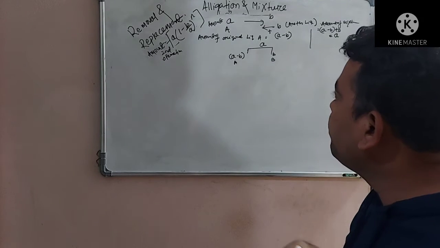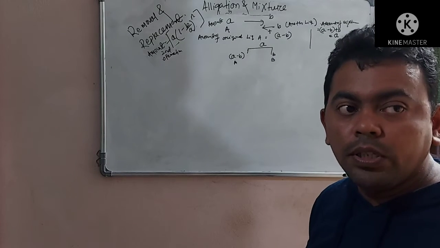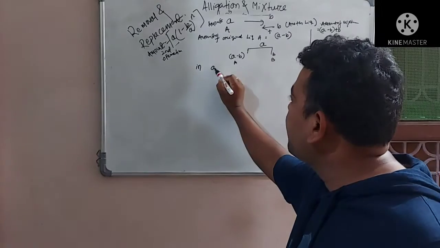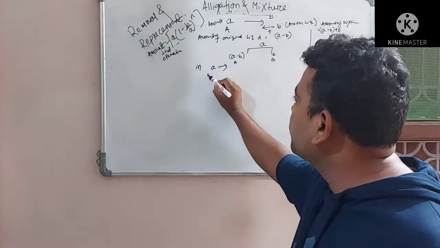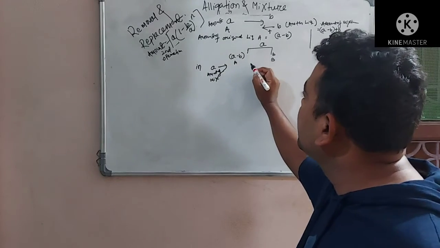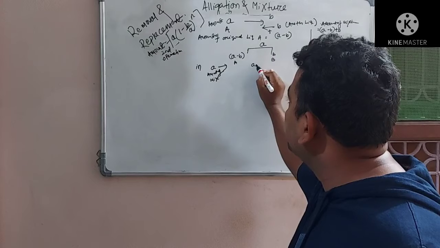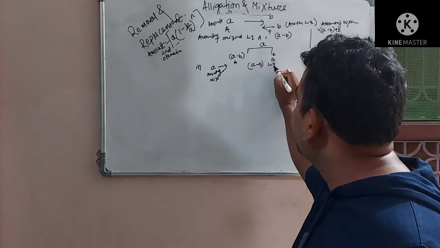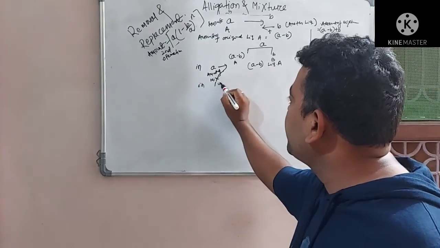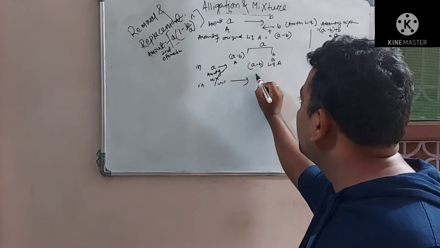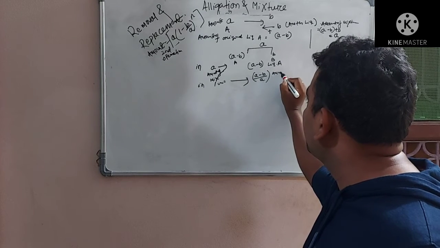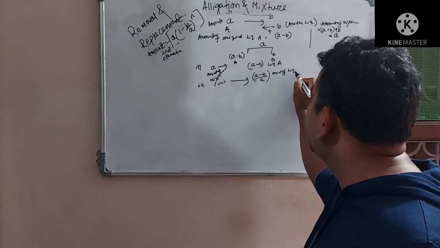First I find, in A amount of a mixture, A minus B amount of liquid A. So in 1 unit of mixture, it is equal to A minus B by A amount of liquid A.